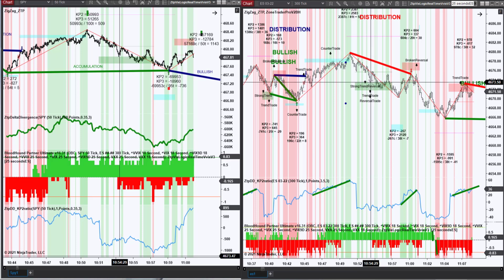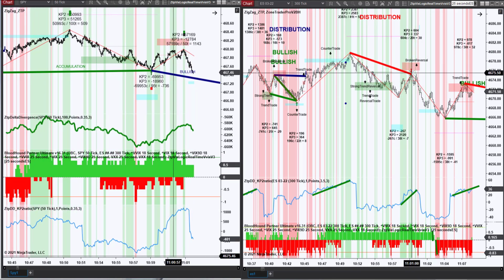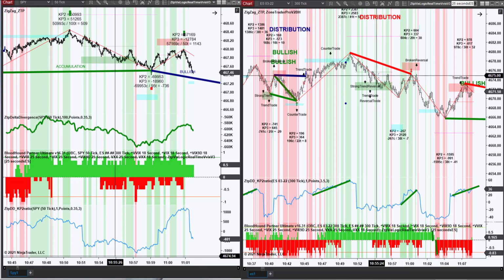As we traded down to here and traded down to the intermediate zone, that tells me that the strong trend pattern is broken. And if the strong trend pattern is broken, we are likely going to trade into this pattern here, which is called a broken reversal.